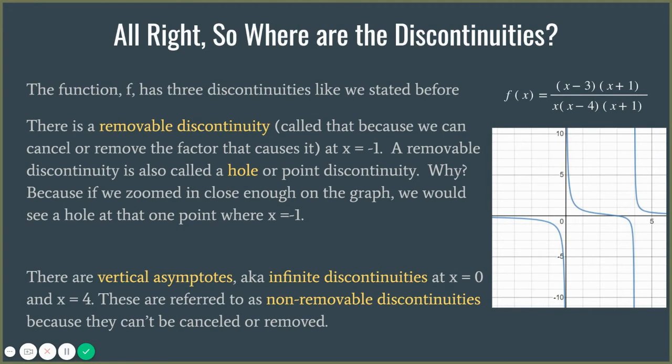And if we zoomed in close enough on this graph of f of x, not the graph of p of x, we should see a little tiny hole, a singular missing point. Not a big section that's missing, but a point that's missing.